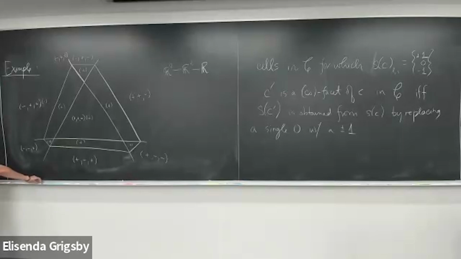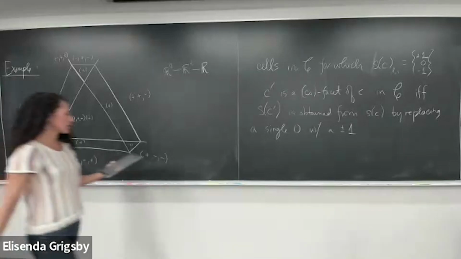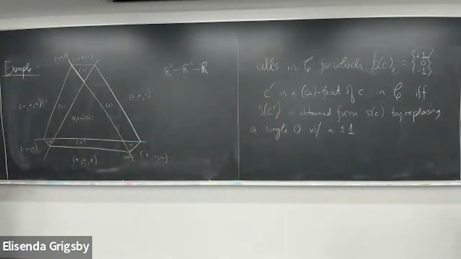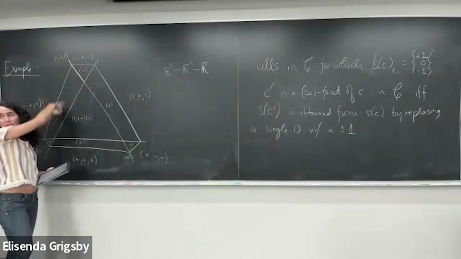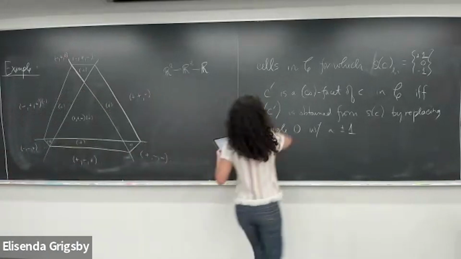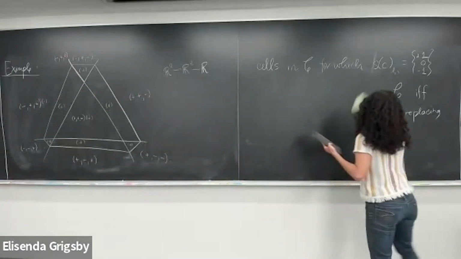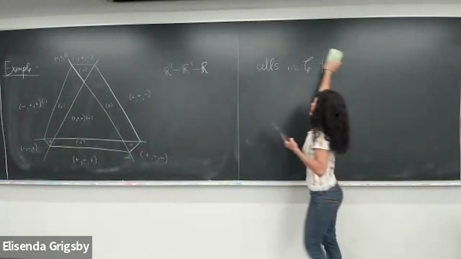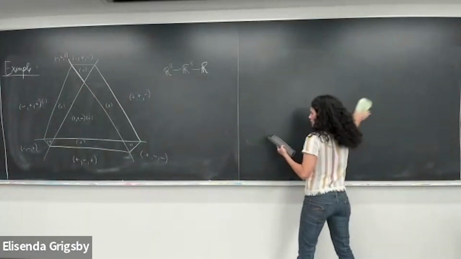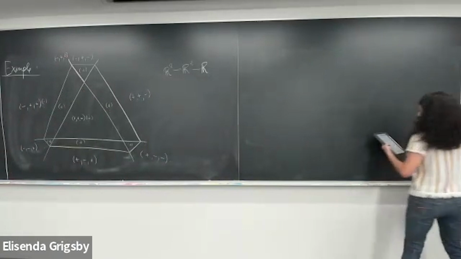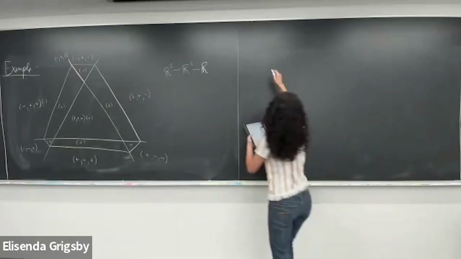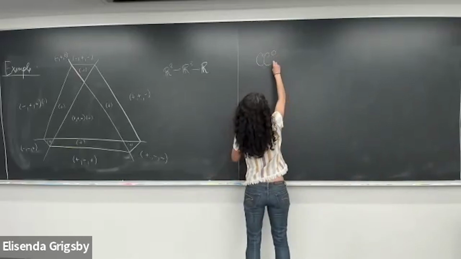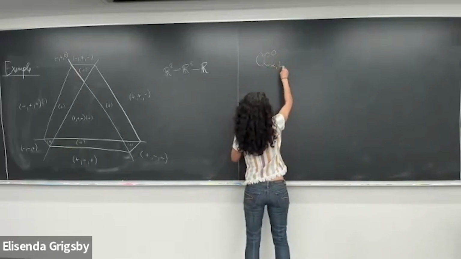And so now let's describe the subcomplex for this final neuron. So let's describe the second layer, first neuron.